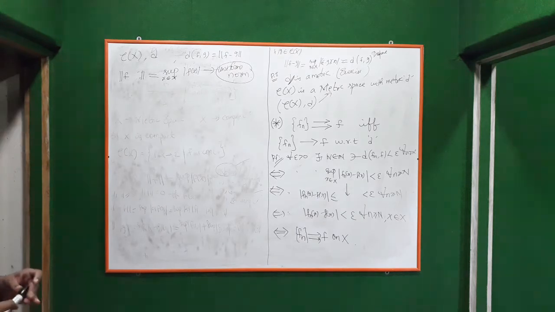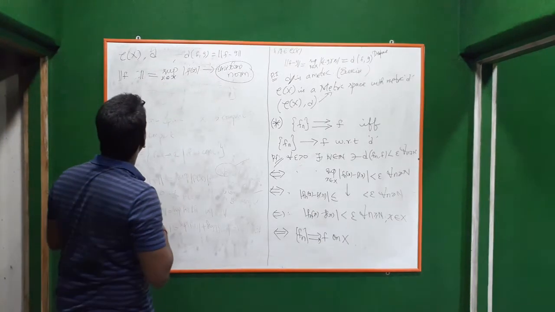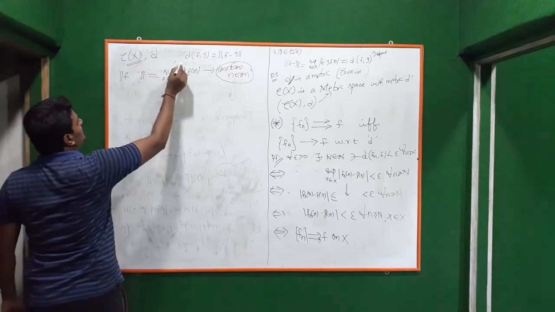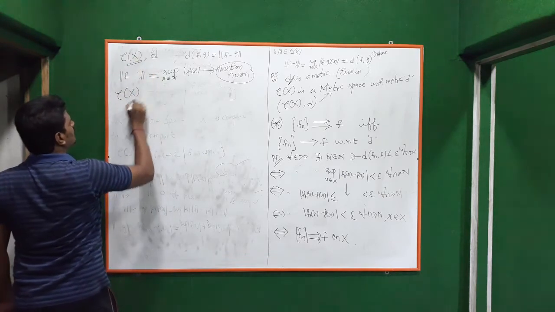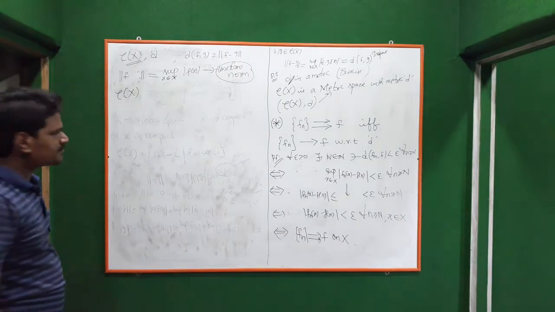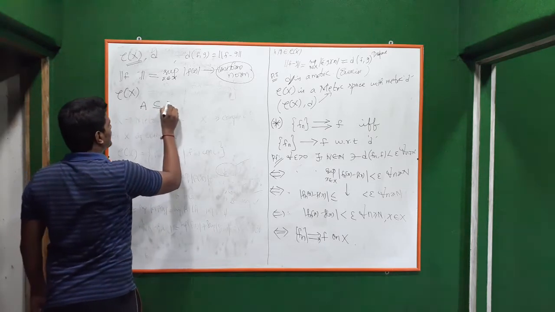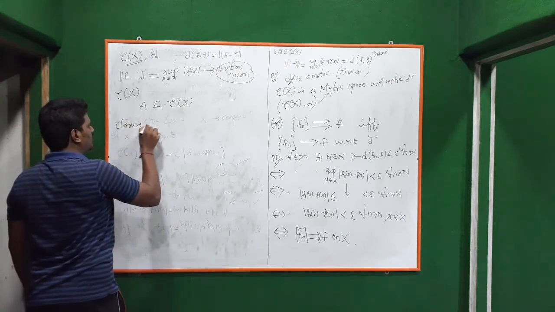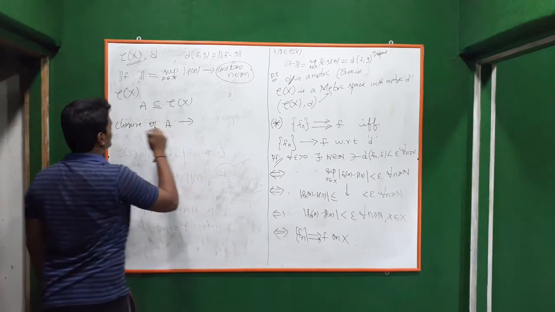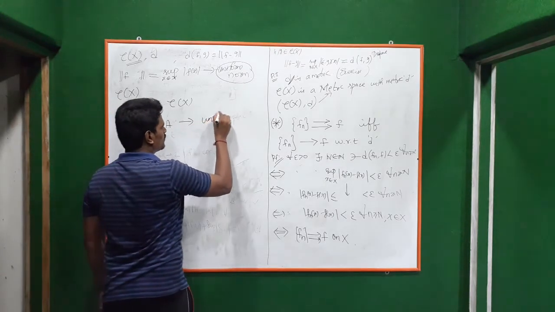There are many types of norm. One such norm is the uniform norm or supremum norm, anything. So here this metric, this norm is called the uniform norm inside this C of X. Okay, so if you consider some A contained in C of X, a subset of this, and if you consider the closure of A, the closure of any subset of C of X will be the uniform closure.